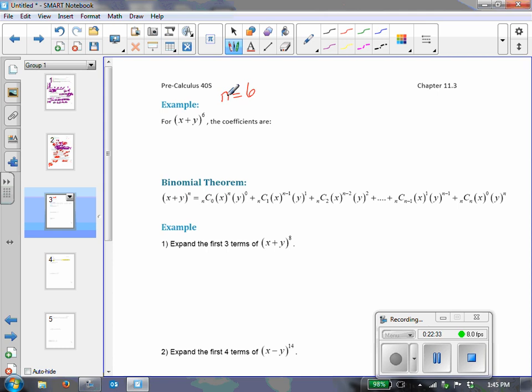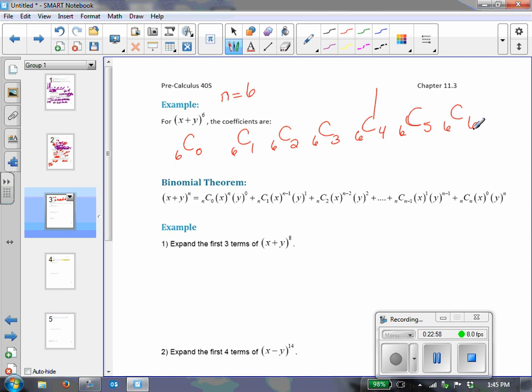So the coefficients would be 6 choose 0, 6 choose 1, 6 choose 2, 6 choose 3, 6 choose 4, 6 choose 5, and 6 choose 6.